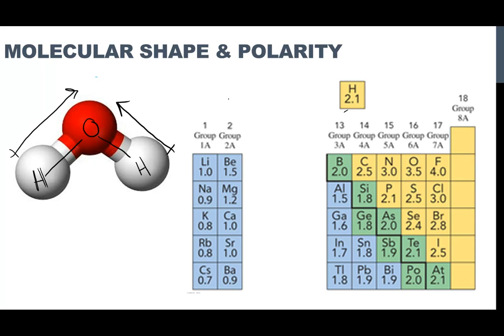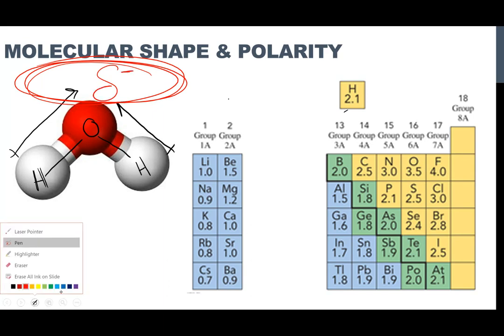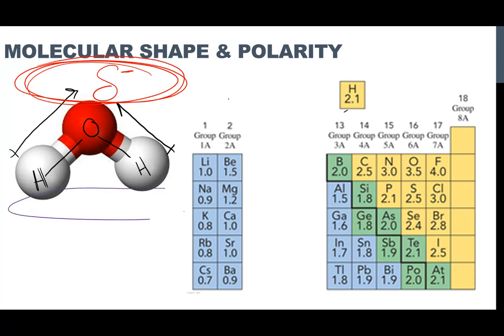So if I were to add these together, I would see a region up here at the top that is very electron rich. There would be a lot of negative charge or field up there. And down here at the bottom of my molecule, it would be very electron poor. So this molecule as a whole does have a separation of charge. Up above the oxygen is going to be electron rich. Down below the hydrogens is going to be electron poor.